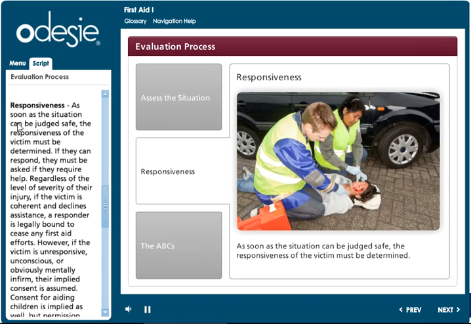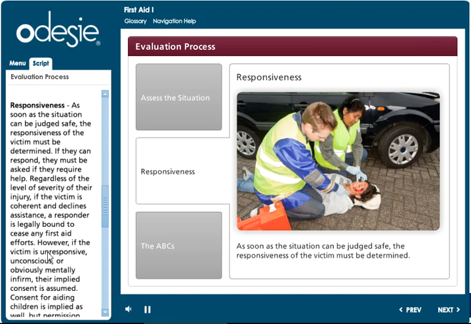As soon as the situation can be judged safe, the responsiveness of the victim must be determined. If they can respond, they must be asked if they require help. Regardless of the level of severity of their injury, if the victim is coherent and declines assistance, a responder is legally bound to cease any first aid efforts.